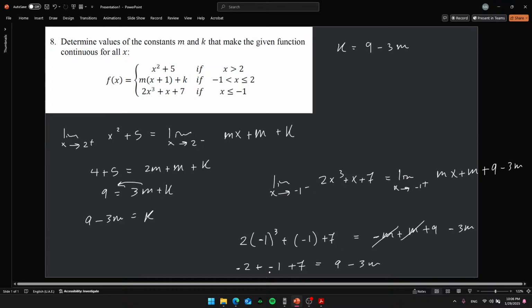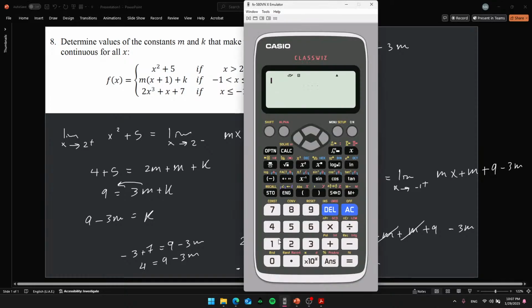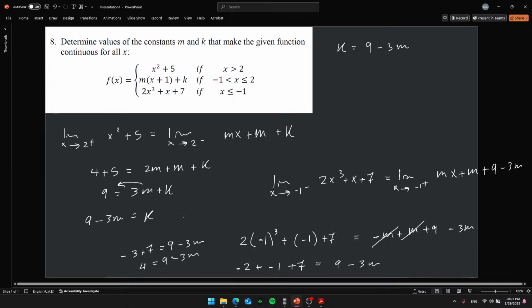So negative 2, negative 1, negative 3, negative 3 plus 7 equals 9 minus 3m. Negative 3 plus 7 is 4, equals 9 minus 3m. So 4 minus 9 is negative 5.